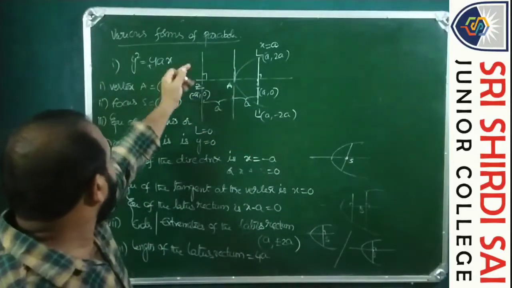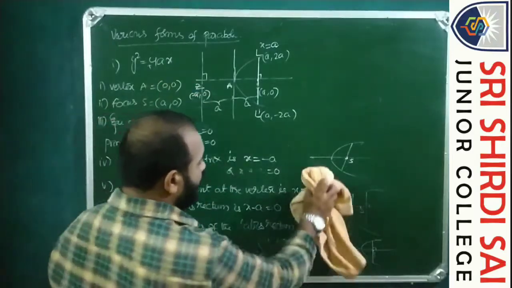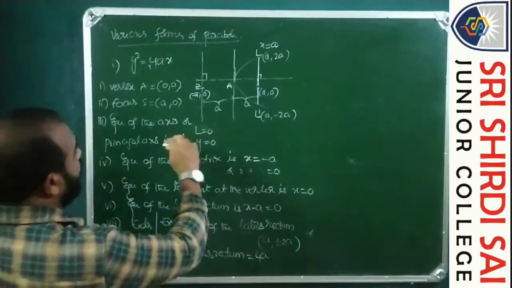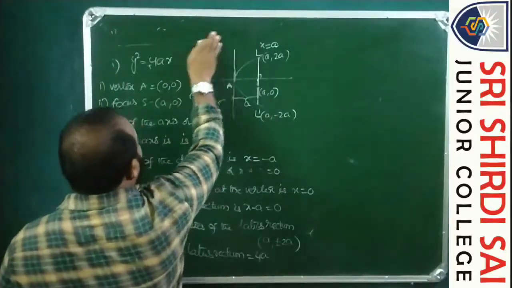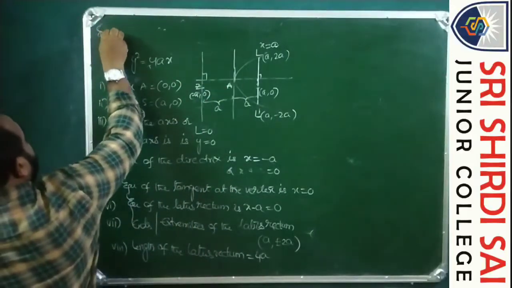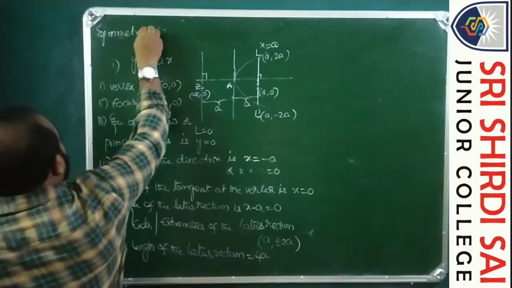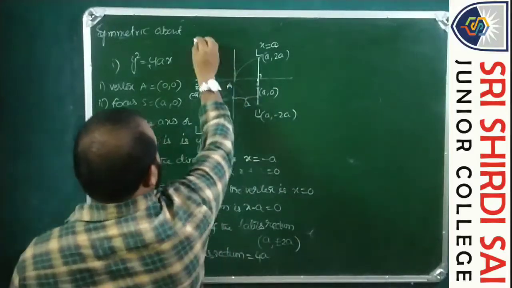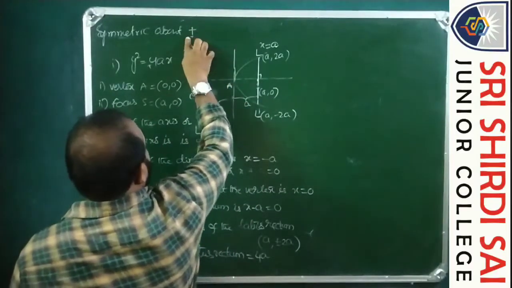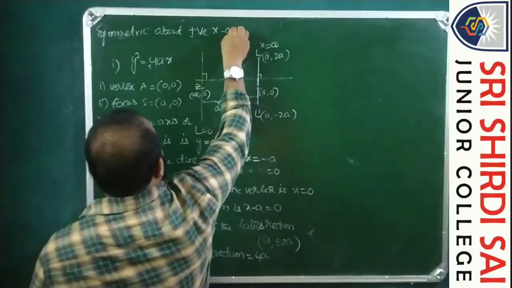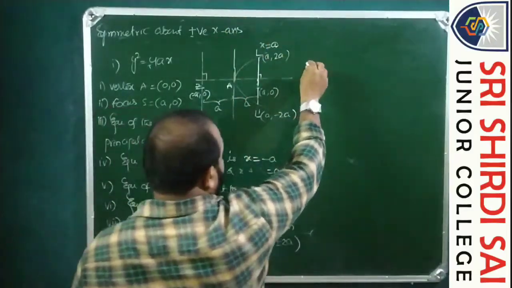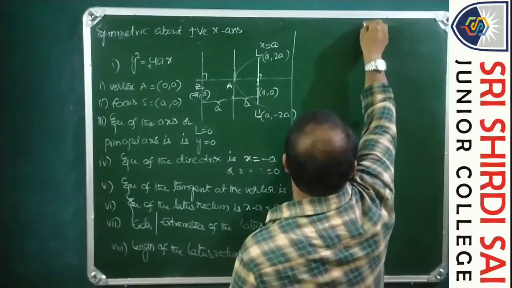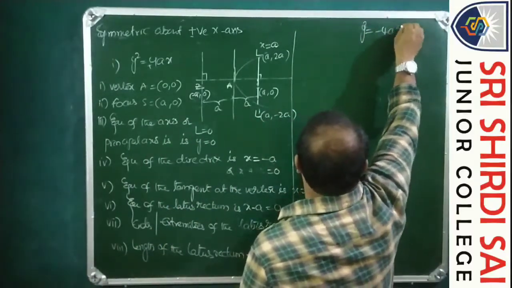So these are the various points of the parabola y square equals 4ax. This parabola is symmetric about the positive x-axis. Now let us move on to the next parabola, which is y square equals minus 4ax.